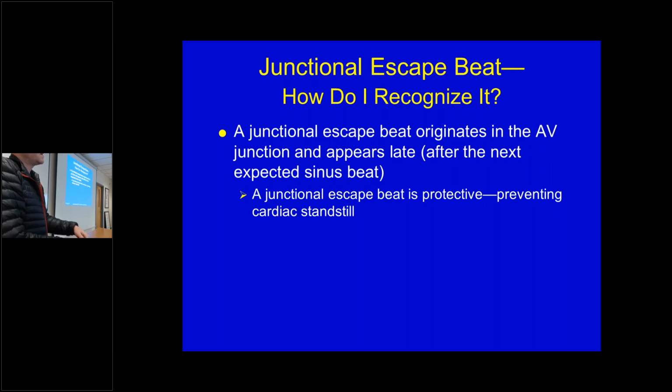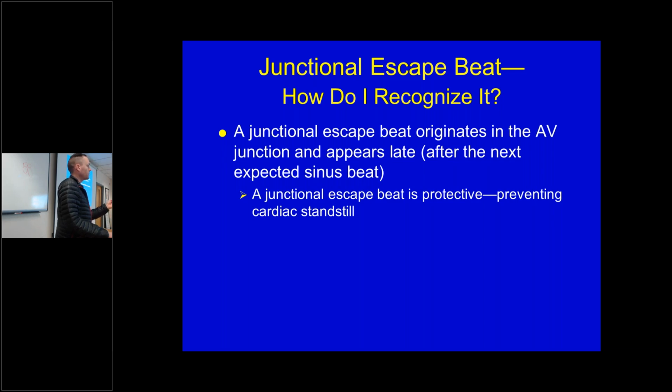They appear late. An escape beat is preventing cardiac standstill. So when do you think your heart is going to throw in a junctional escape beat? So when does the AV node take over? Sinus arrest.